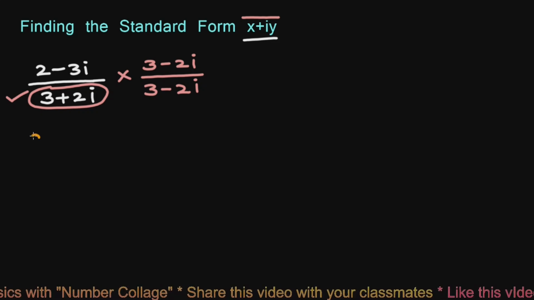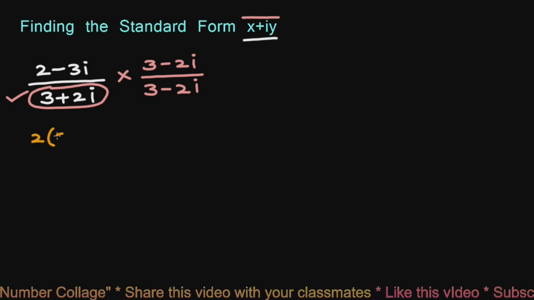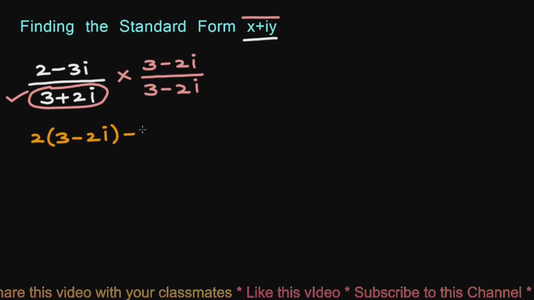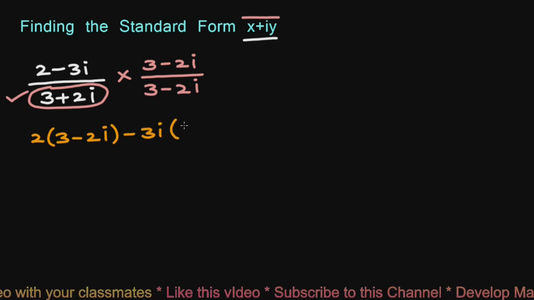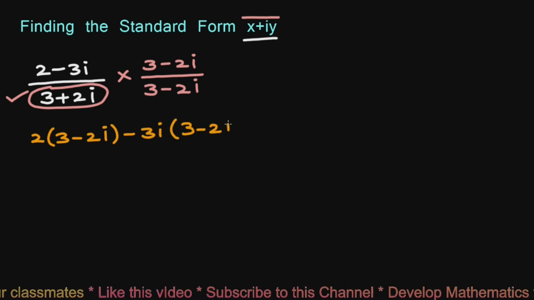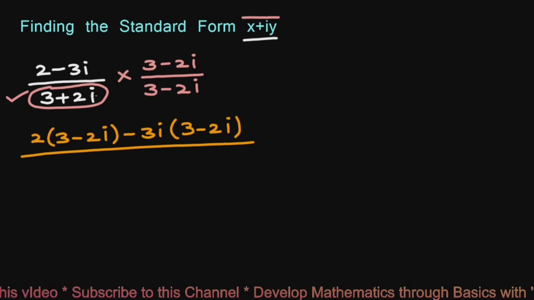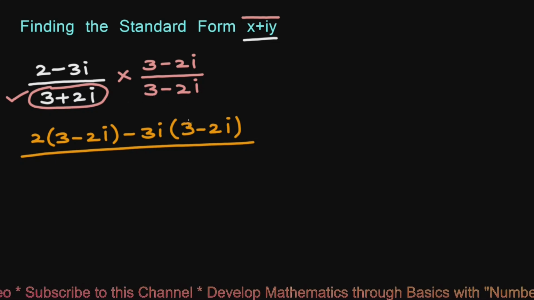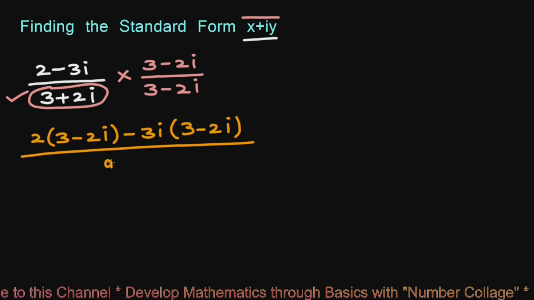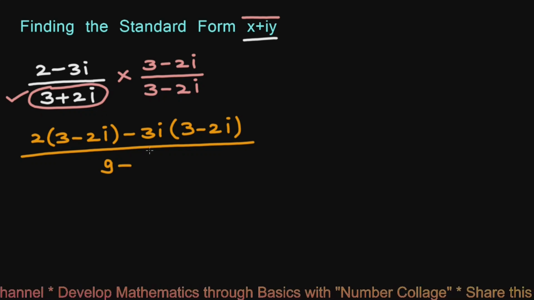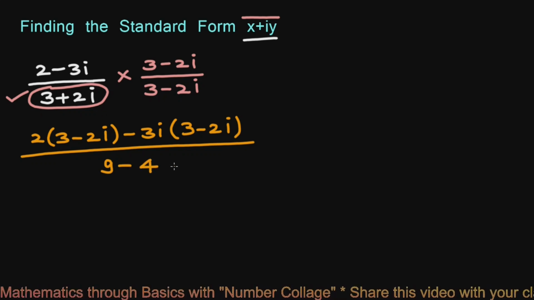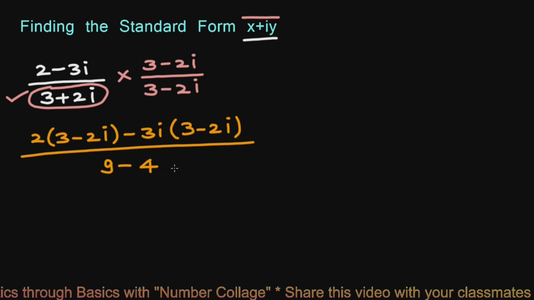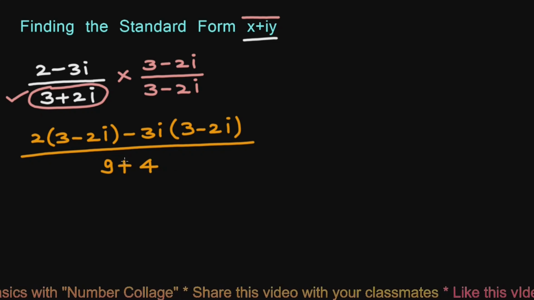So in the numerator it will be 2 multiplied by (3 minus 2i) minus 3i multiplied by (3 minus 2i), upon (3 plus 2i) multiplied by (3 minus 2i), which will be 3 square, that is 9, minus 2i square, that will be 4i square, but since i square is minus 1, this will be plus.